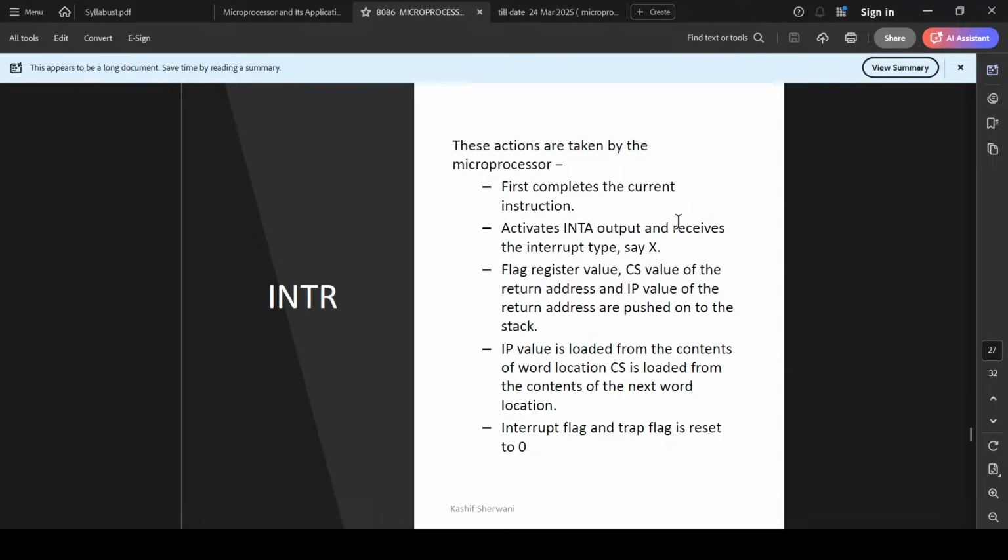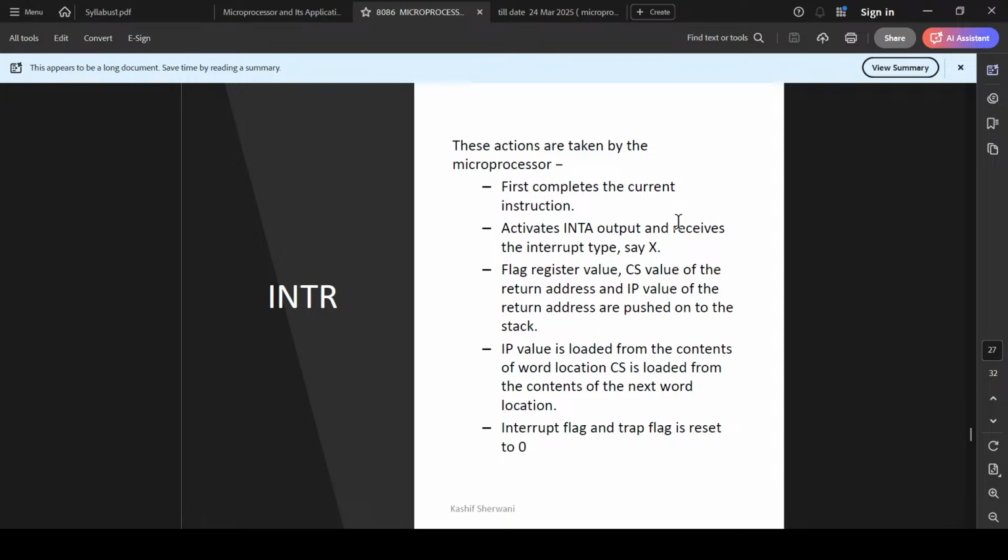More about INTR now. When this signal is there, same thing. It completes the current instruction. Activates the INTA input, and receives the interrupt type, say X. The flag register value, CS value and IP value of the return address are pushed.